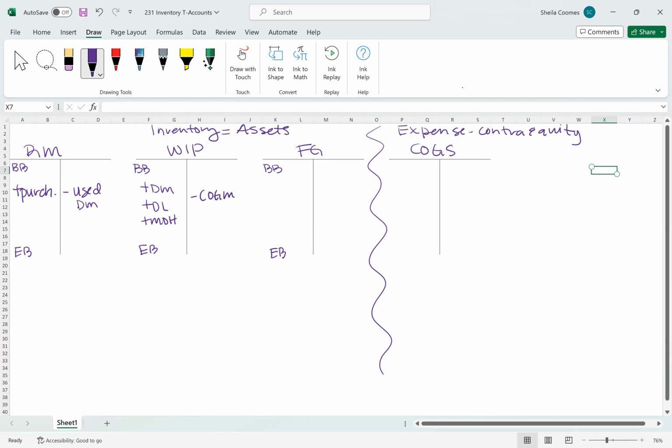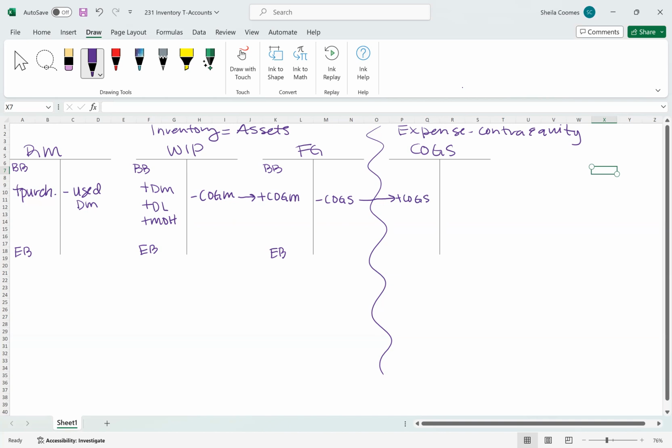Finished goods is then increased by cost of goods manufactured. The total of these costs flow to finished goods. And when we sell finished goods, they reduce the balance of finished goods. That in turn is the point at which we increase our expense.